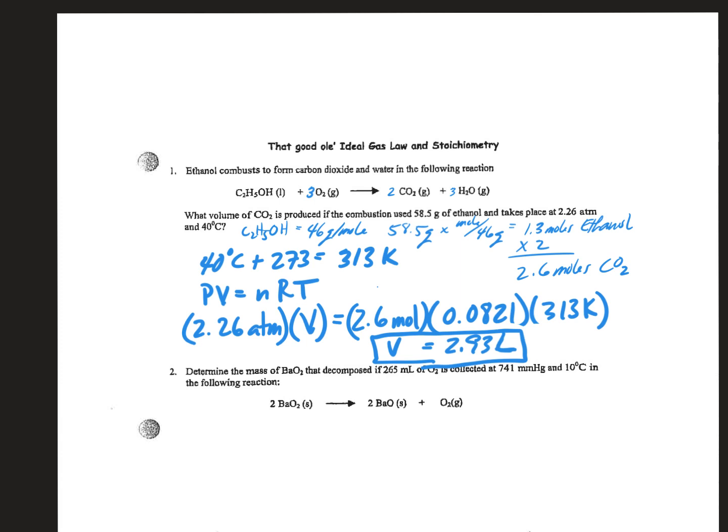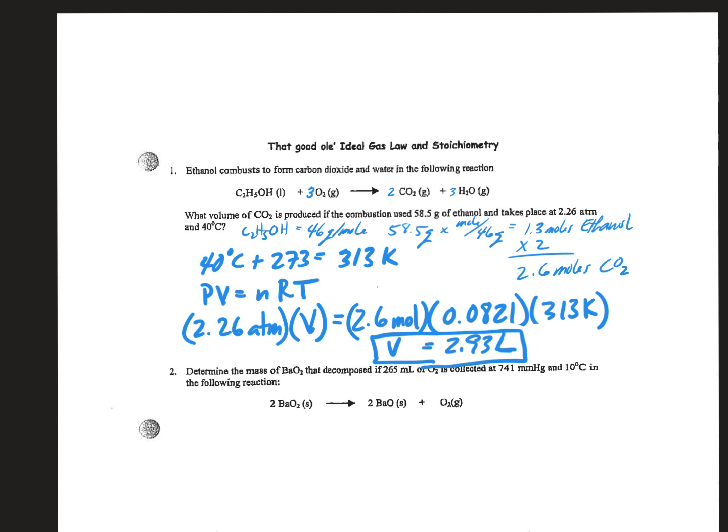Okay, in this problem, we got to be careful about a couple of things here. First off, we've got to be aware that we're collecting 265 milliliters of oxygen. So we've got to be careful about that. Also, we're being given a pressure in millimeters of mercury.